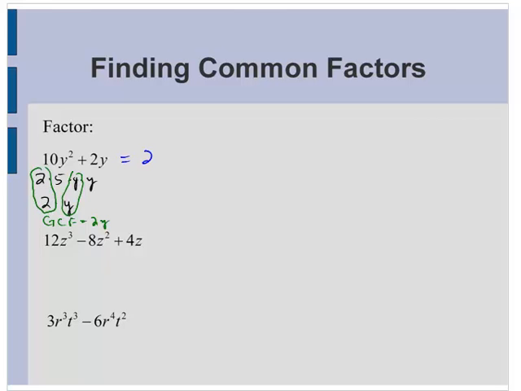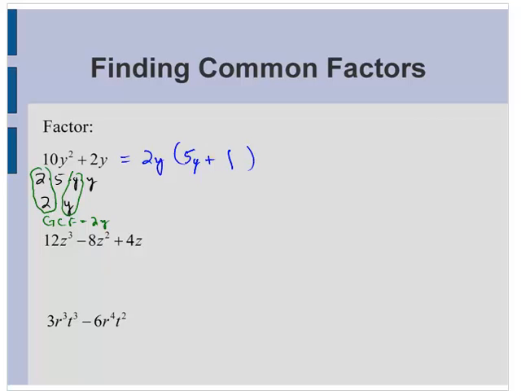So then I would have 2y times (5y plus what?) 2y times what gives 2y? Well, 2y times 1 gives 2y. So that's something to be careful about. Remember that if you're factoring using this method, what's inside the quantity must have the same number of terms as the original expression.